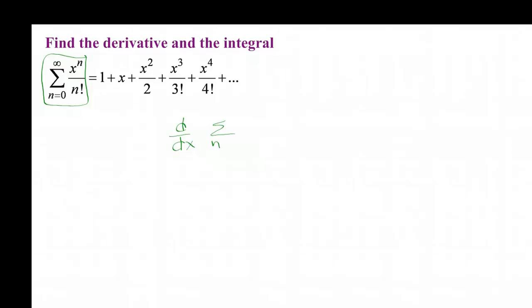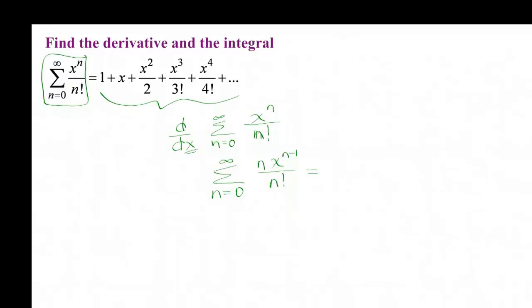So if we want the derivative with respect to x of this general term, the 1 over n factorial is a constant, so that's not going to change. We're still going to have over n factorial. All we're going to do is use the power rule, which says the power pops down front and we reduce the power by 1. On the right-hand side, we simply differentiate term by term.